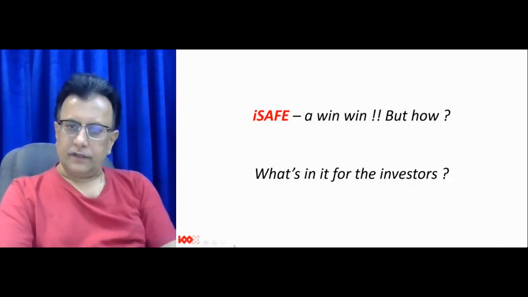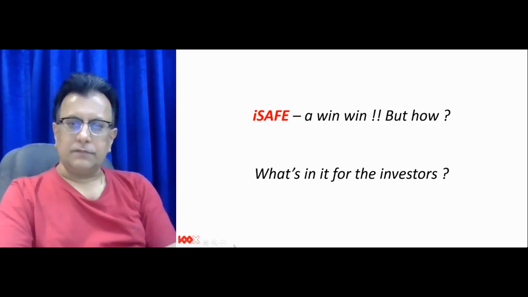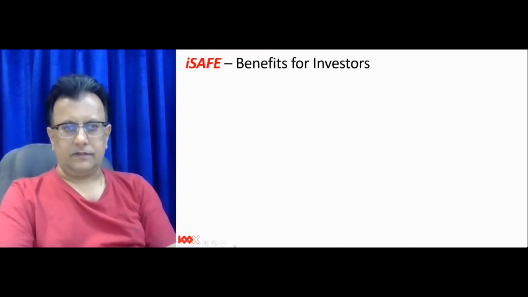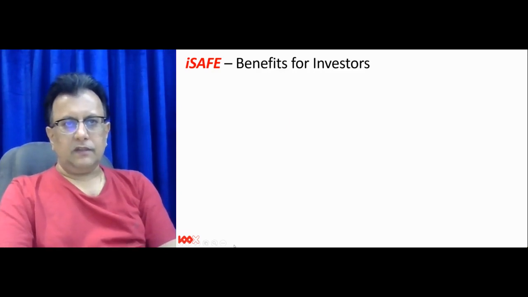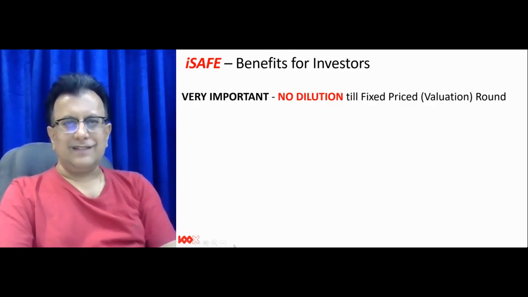So iSAFE is a win-win. But how? We saw its benefits for the founders, but what's in it for the investors? Let's look at this. The first and foremost benefit is that iSAFE investors don't dilute till the next pricing round.